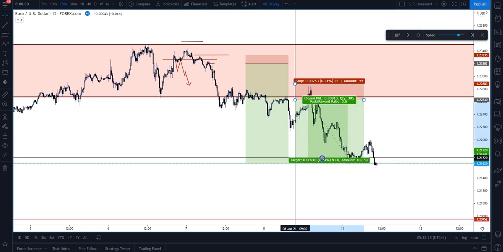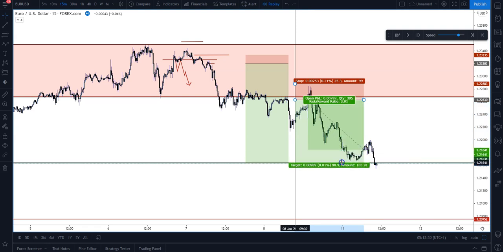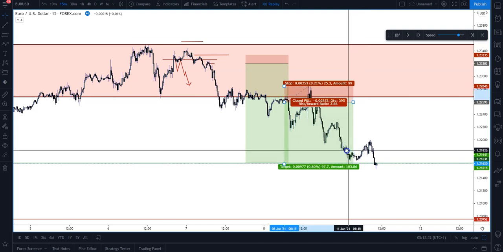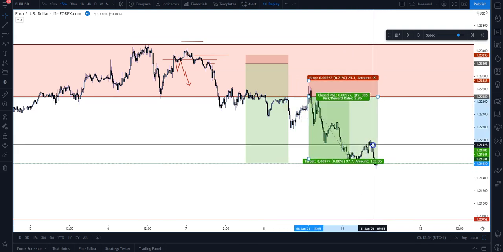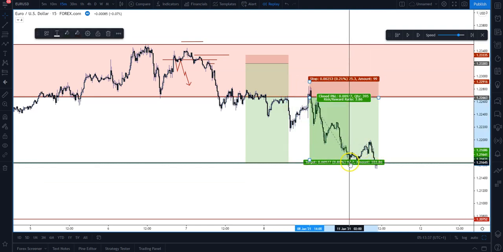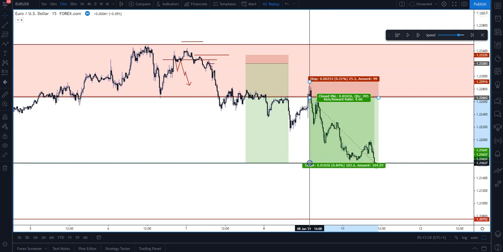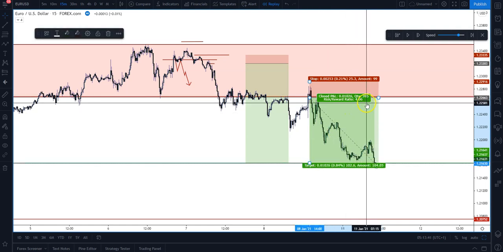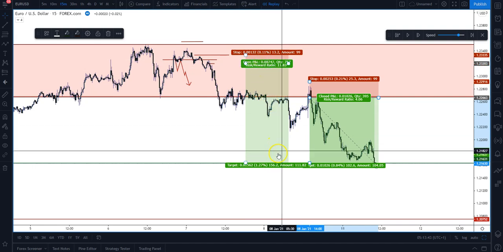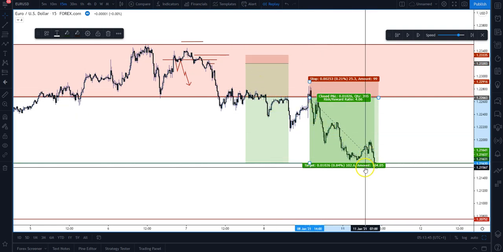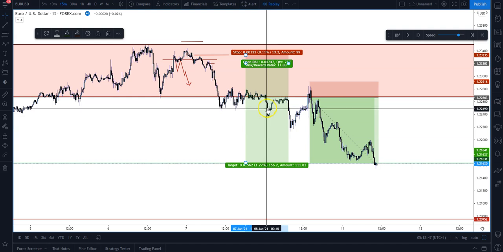And if we would have taken it down here, you got a 1-to-4 ratio versus a 1-to-11 ratio, but you still would have got 100 pips off that.